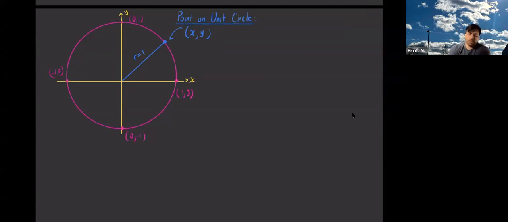Now, by the geometry of this, if I extend this point directly downward, perpendicular to the x-axis, what do I form? I form a right triangle.